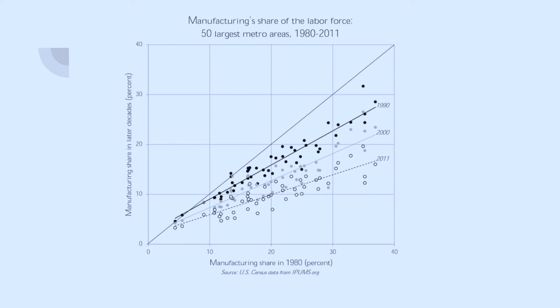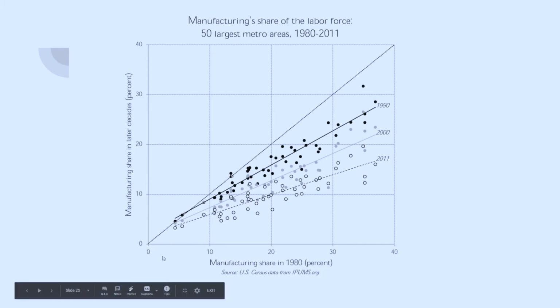The y-axis, over here on the left, shows what the share has been in later decades, whereas the x-axis shows what manufacturing had in 1980.